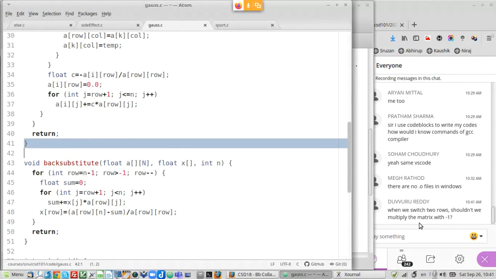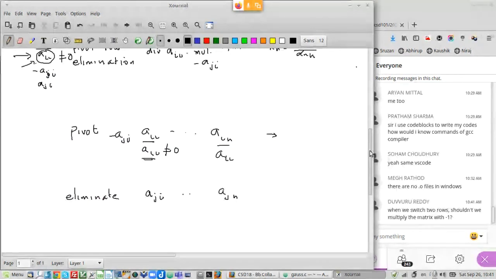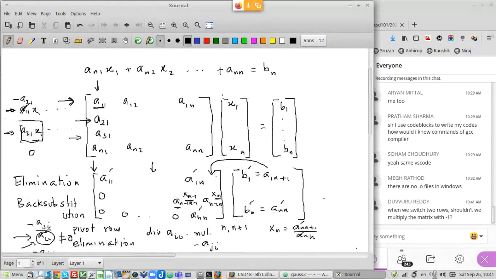When we switch rows, shouldn't we multiply the matrix by -1? No. See, notice that what you are doing here is you're trying to solve linear equations, right? So if you look at the linear equation here, how does it matter whether this equation is written here? So take some equation.